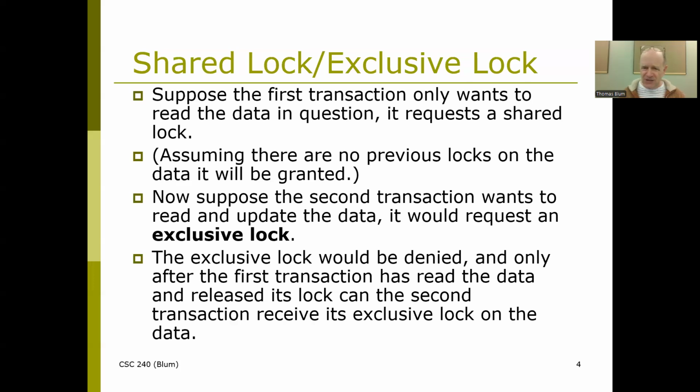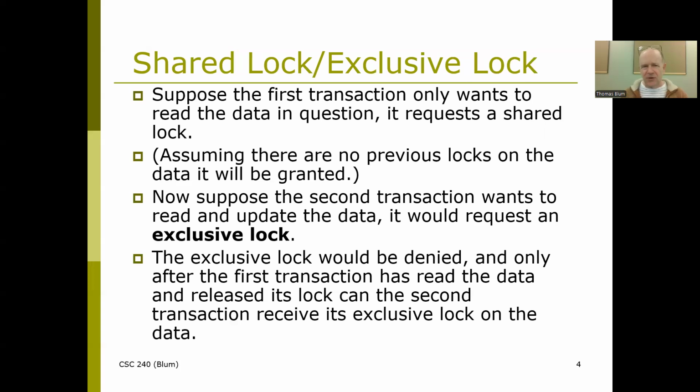But the second transaction comes along and says, I want to do more than just read the data. I want to update the data, and therefore I want an exclusive lock. And when I put in my request for an exclusive lock on some data that already has a shared lock, then I am told to wait. A shared lock won't work with an exclusive lock.